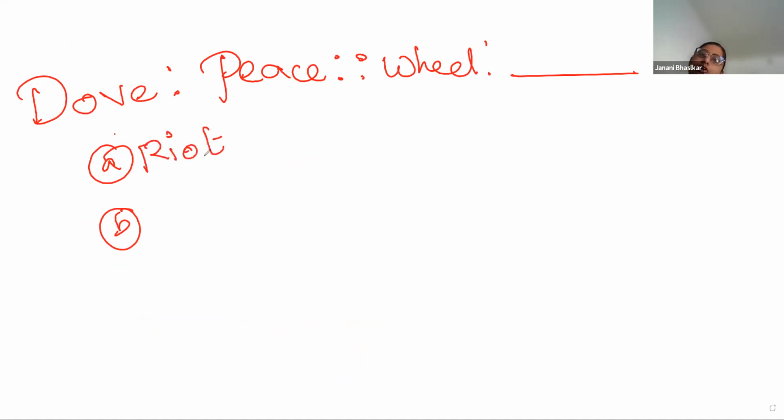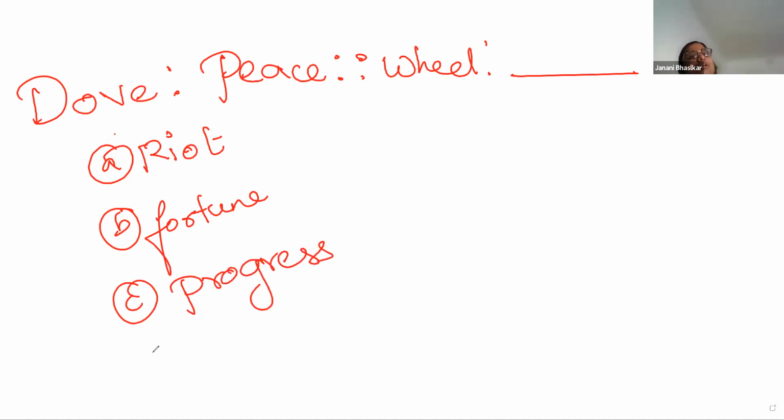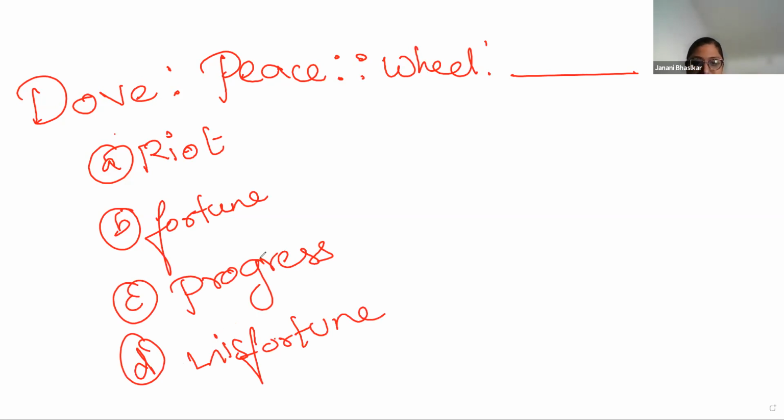It can be for fortune. It can be for progress. Or it can be for luck. Oh, fortune and luck mean the same. So which one? Progress. Okay. White dove.